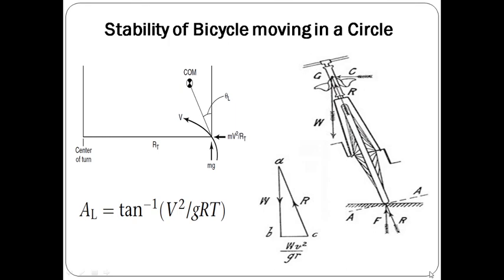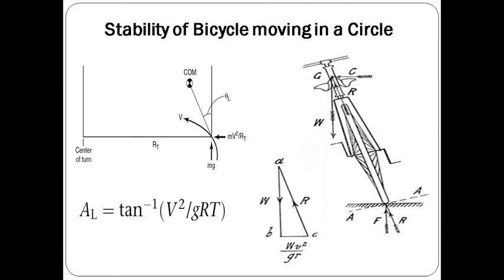So when this reaction line R passes through the center of mass point G, as you can see in this example, then the bicycle is stable. If it does not pass through the point G, then the bicycle may topple down.